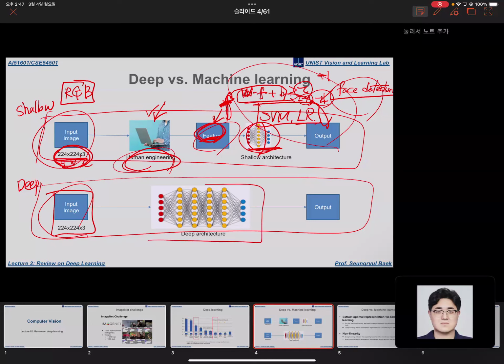But in deep learning methods, as you see here, the yellow things are representing the layers. This is representing multiplying W and adding bias, okay?